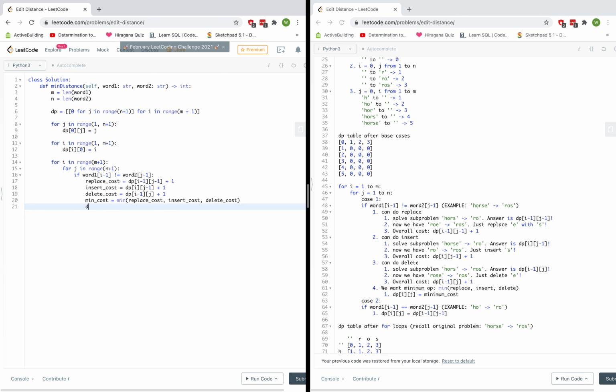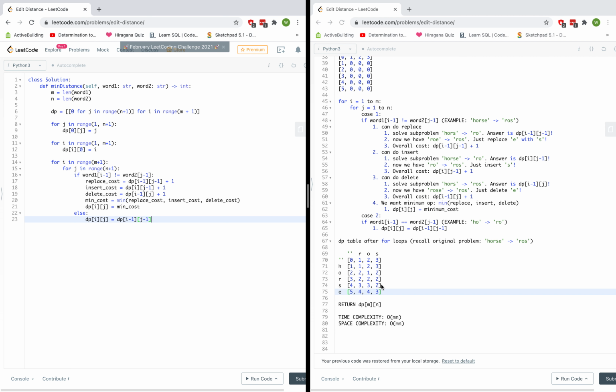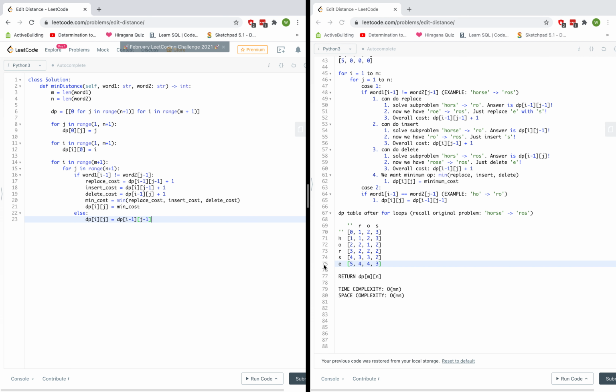And then we're going to say dp i, j is equal to min cost. Otherwise, we're going to be in case 2, which means that dp i, j is just going to be dp i minus 1, j minus 1. And the very last step in line 77 is just to return dp[m][n].